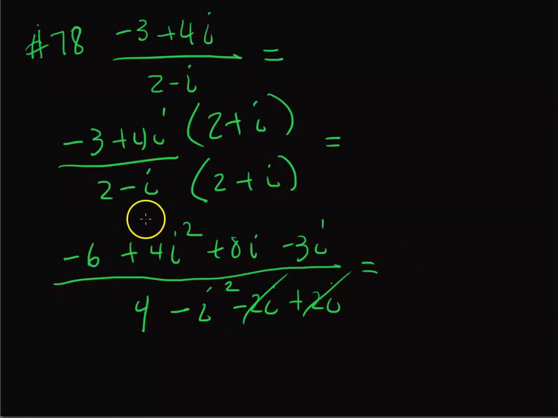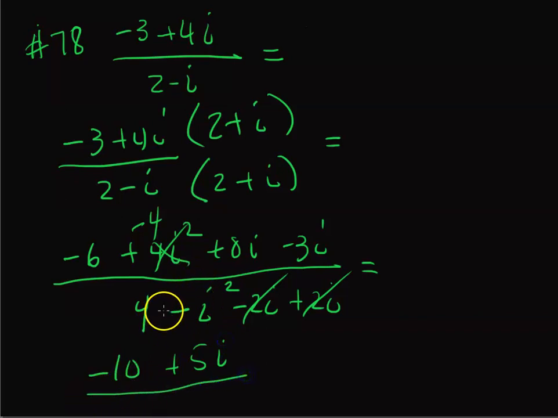So this is now not 4i squared, but because i squared is a negative 1, this is a negative 4. Negative 6 and negative 4 is a negative 10. 8 minus 3 is positive 5i over, well, remember, i squared is a negative 1, so minus a negative 1 is 4 plus 1.